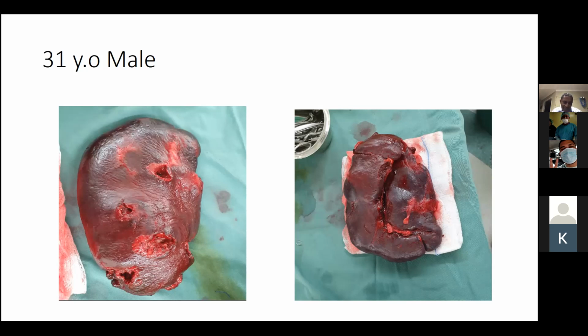So we suspected that it could be a splenic abscess, but we decided to proceed with a laparotomy because he had underlying peritonism and the CT scan suggested a bowel obstruction. That's why we proceeded with an open laparotomy, which ended up as a splenectomy for him.